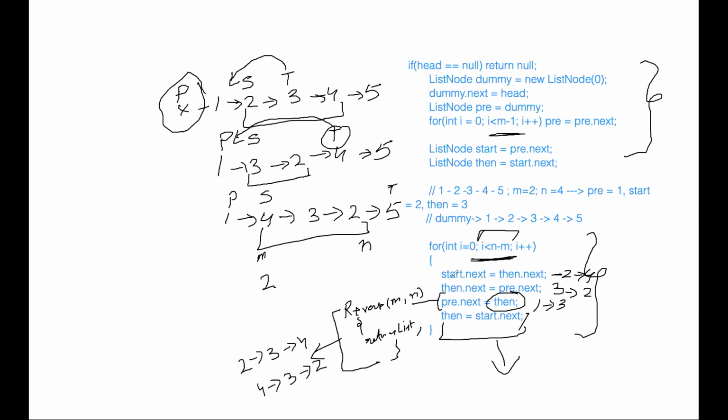Yeah, that can also work. But I just try to avoid updating the pre, because if you see over here, this pre.next part is always the same. We are not changing pre anytime.